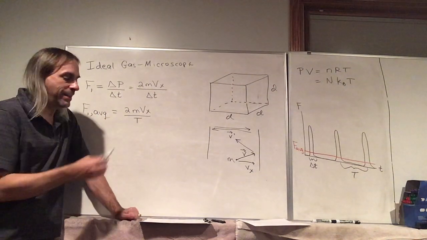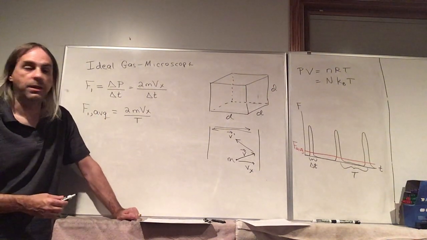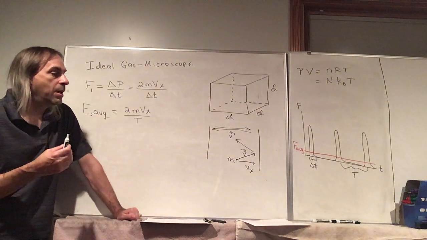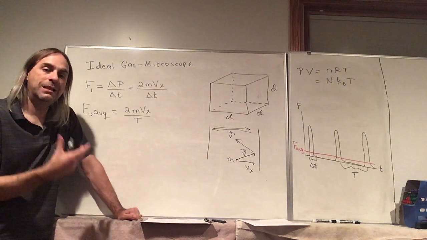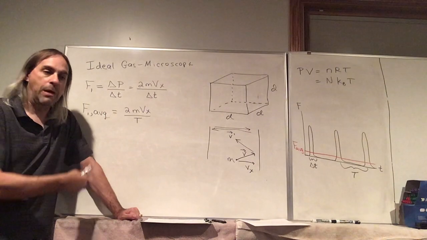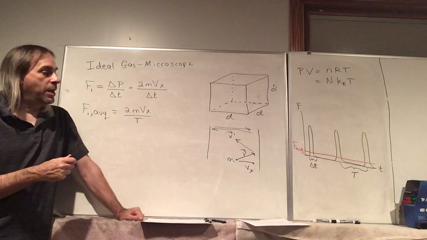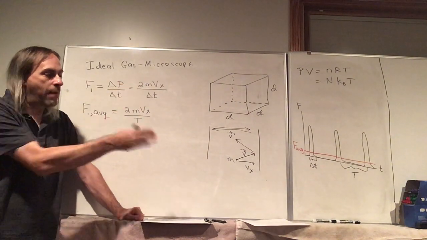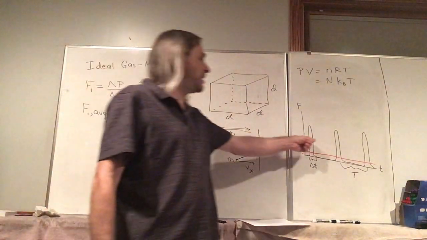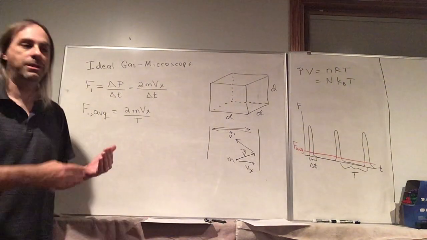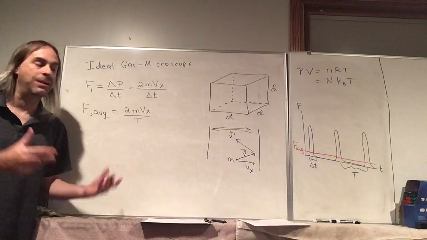The reason this is actually a good representation for what we're doing here is because we're going to have an enormous number of particles bouncing off these walls. If we were to draw another particle, we'd have a similar picture, but it would be offset because they're not moving in sync, they're moving randomly.